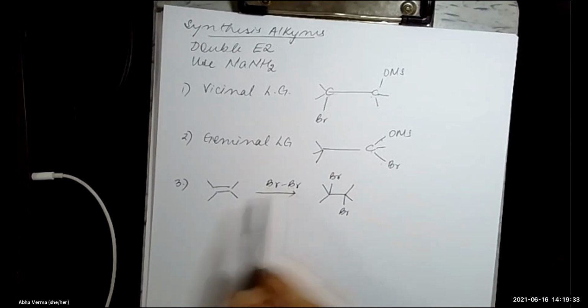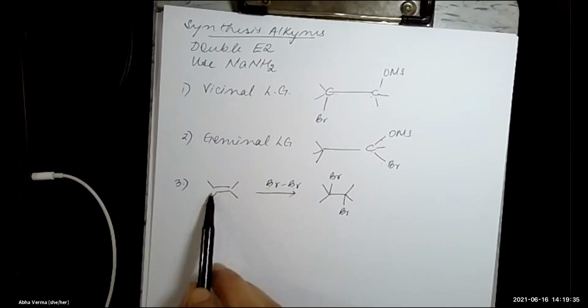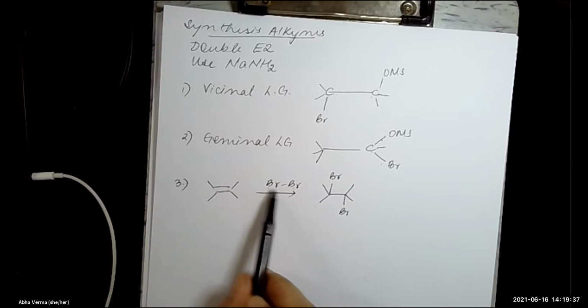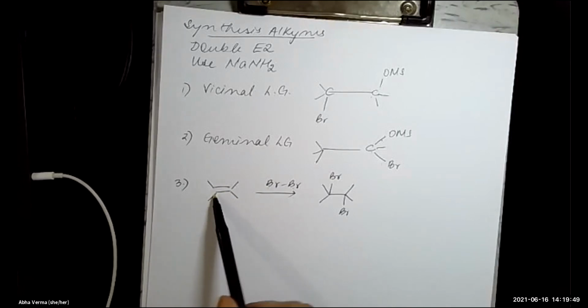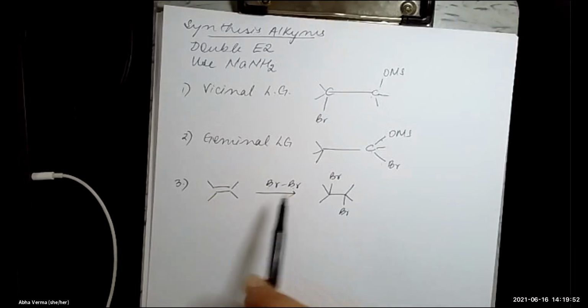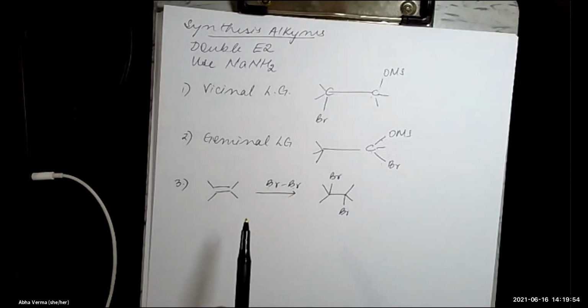Just like we have hydrogens adding across the carbons, we can have our halogens adding across both the carbons. Remember, we discussed at the beginning that our alkenes are more reactive than our alkanes.